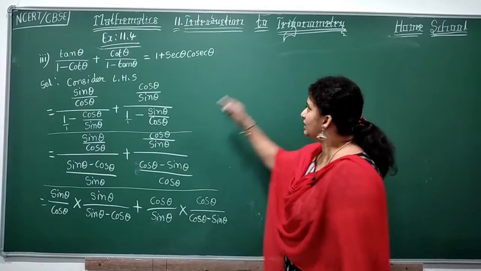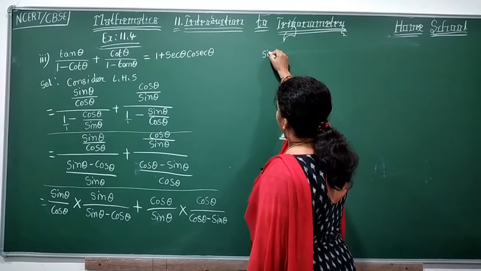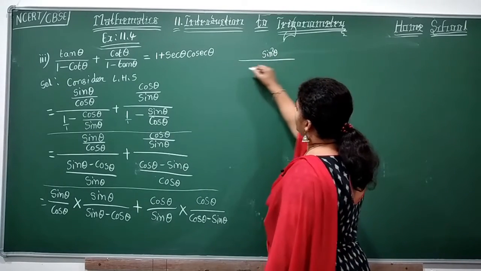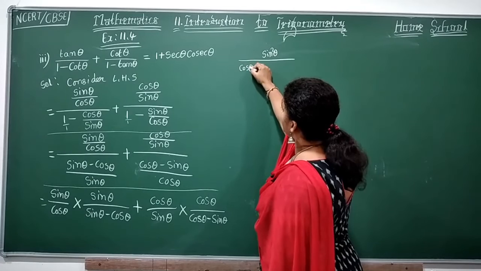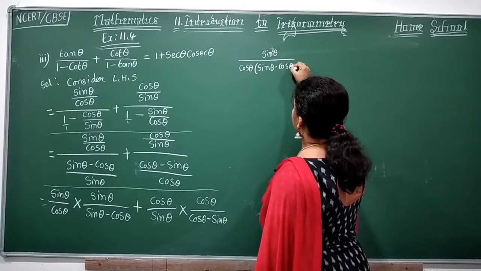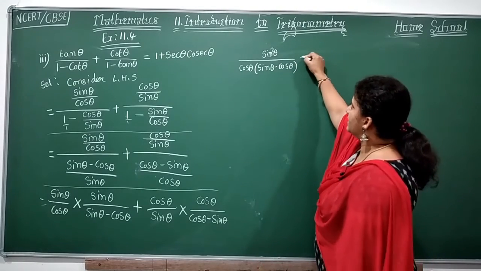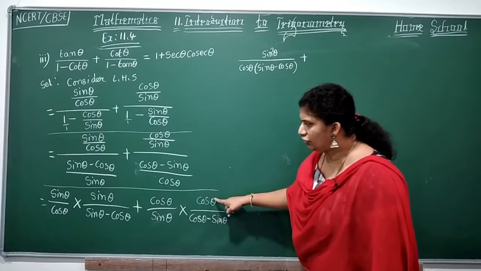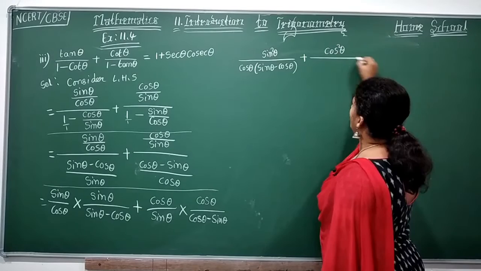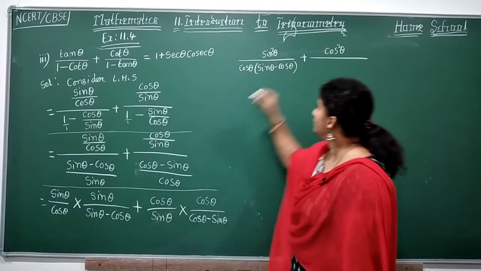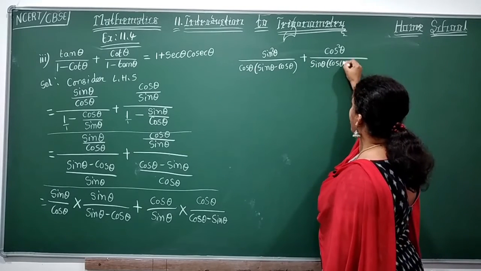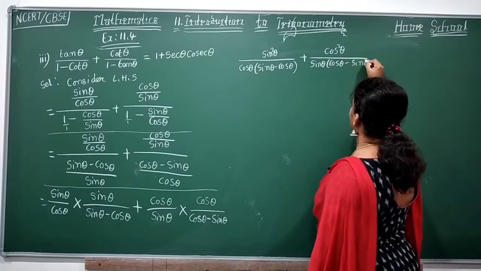Sin theta into sin theta will be sin square theta by cos theta into sin theta minus cos theta, plus cos theta into cos theta, it will be cos square theta, whole divided by sin theta into cos theta minus sin theta.